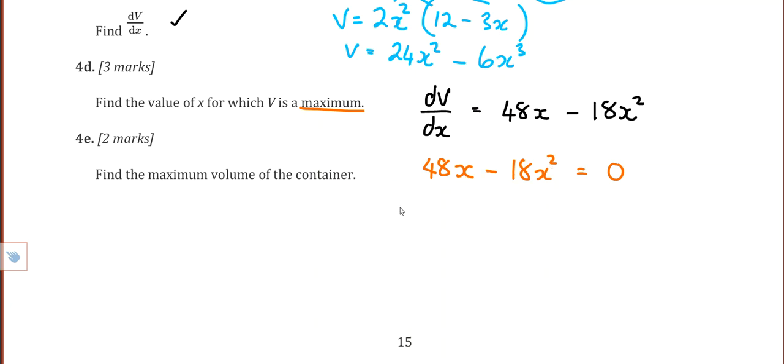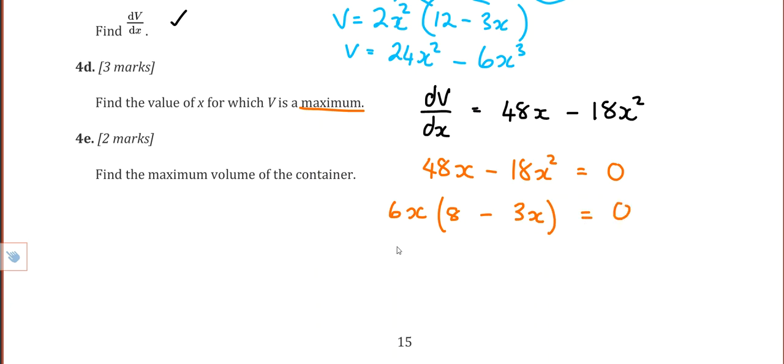So if I took a factor of 6x out, what am I left with there? 8 minus 3x. So 6x times 8 minus 3x has to equal 0.